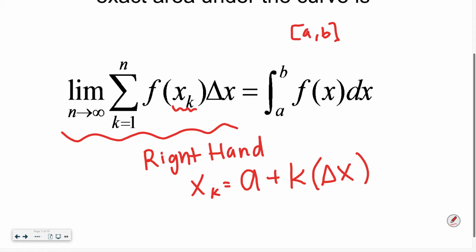You see where I'm going with this? That's why there is a k there. But for our right-hand endpoint, we don't start at A, we start at A plus delta x. And so this is just going to describe at any part of our interval, we are A plus some delta x. That's going to make our math a little easier if we use it with the right hand.